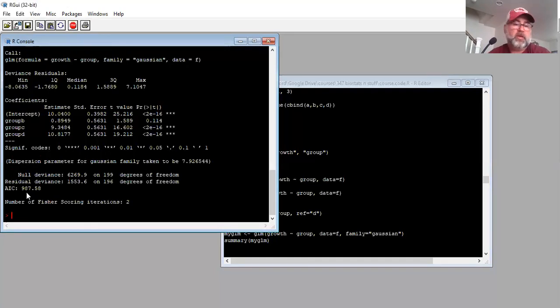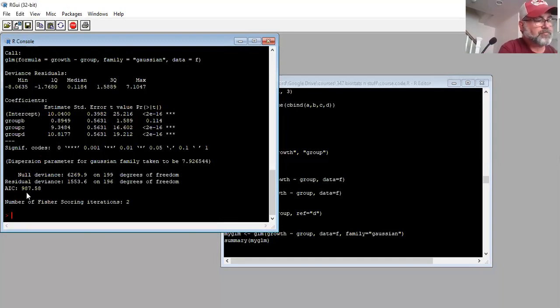Use an LM. If you're just hypothesis testing, use an ANOVA, the aov function. And if you are comparing models and have multiple models, I would go with the GLM, okay? Because the GLM, the generalized linear model approach, gives you the least amount of information for a particular model, but allows you to compare different models.